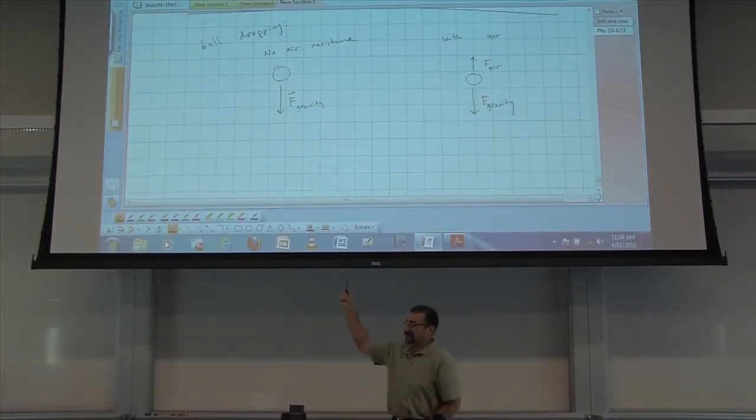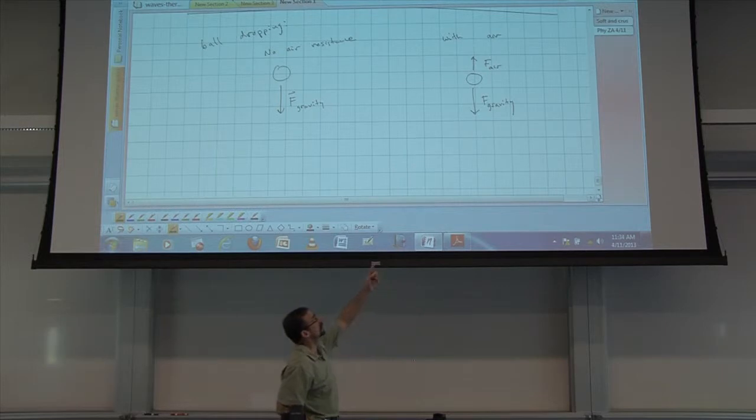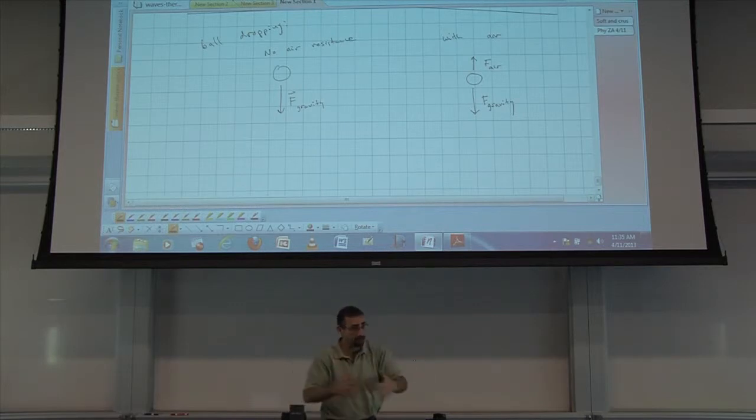Okay, those are vectors. So the air pushing up subtracts from the force of gravity, and you get a smaller acceleration than 9.8. And the force of the air is a little complicated. It's proportional to how fast the object's moving, because the object is pushing the air molecules out of the way as it's dropping.